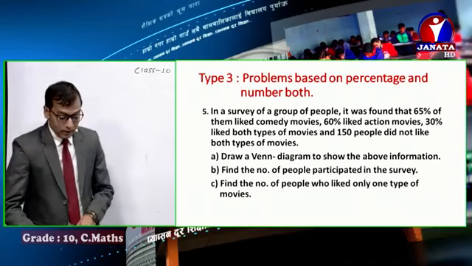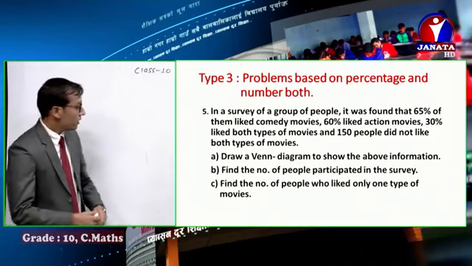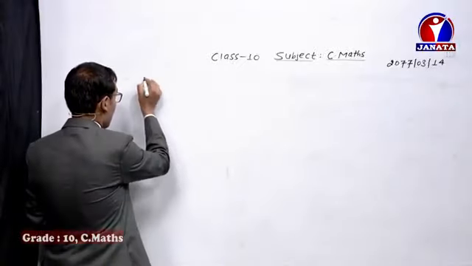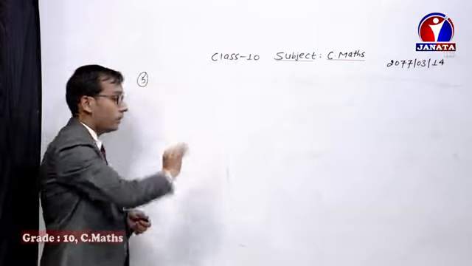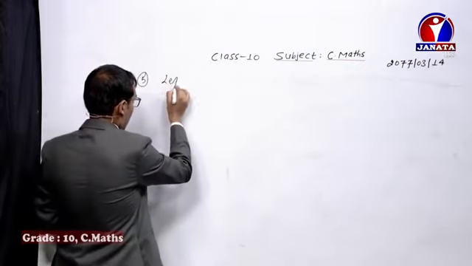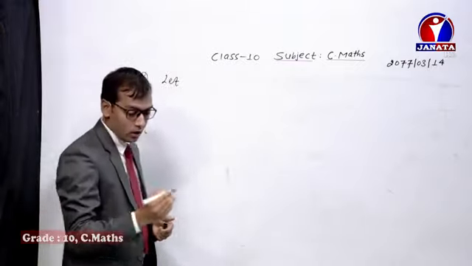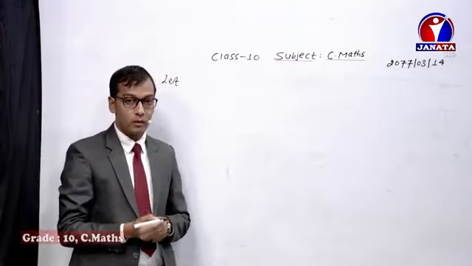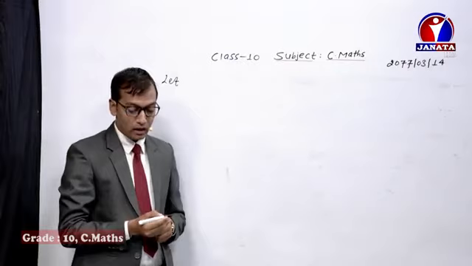So let's write the given information. This is question number 5. The question talks about two different types of movies, which are comedy and action.